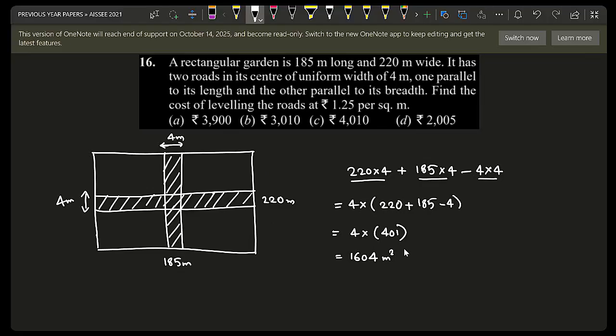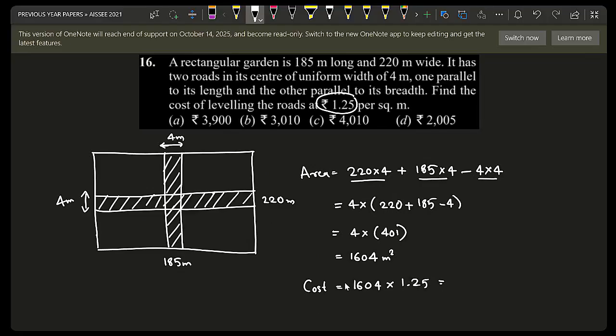But how to find the cost? Each square meter, the cost is 1 rupee 25 paise, and we want to find the total cost. So now the cost. This is area of the roads, and now we are finding the cost. How much area is there? 1604 meter square, but each meter square it is taking the cost of 1 rupee 25 paise.